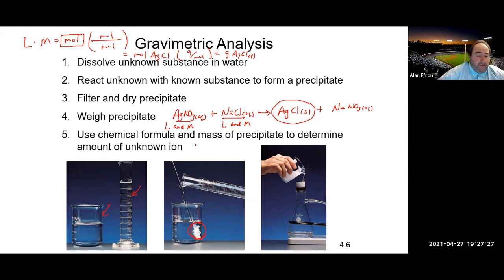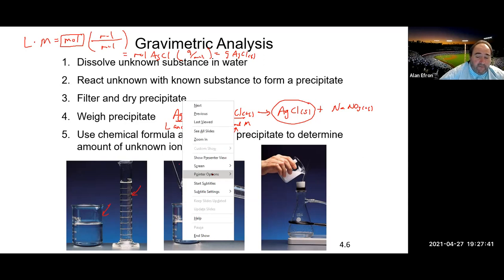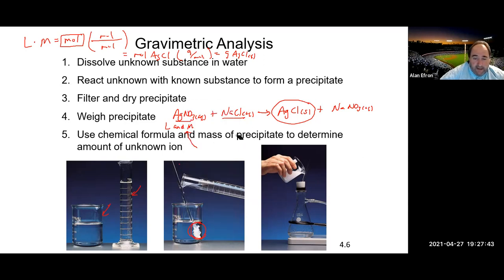This could be a limiting reagent problem, like what I just did here. We have enough information for both of them to figure out the moles, so it could be a limiting reagent problem. It could just be you have only information about the silver nitrate and nothing about the silver chloride, which would make it a regular stoichiometry problem, where you would take this route here.